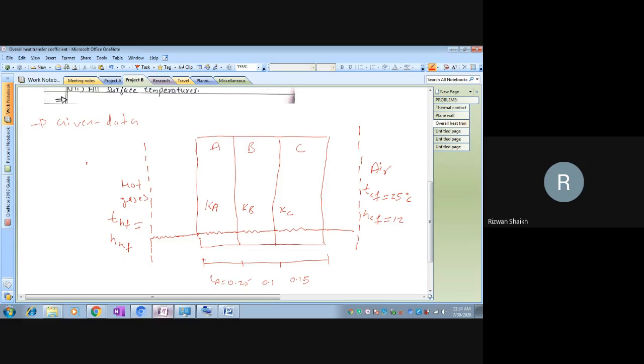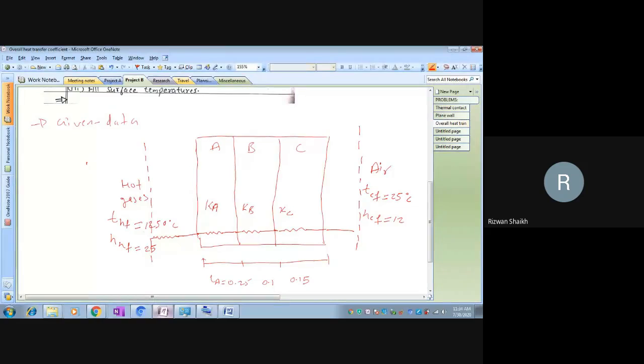So THF is given to be 1250, so I can write it is 1250 degrees Celsius. And HHF is given to be 25. I can write here it is 25 watt per meter square degree Celsius.